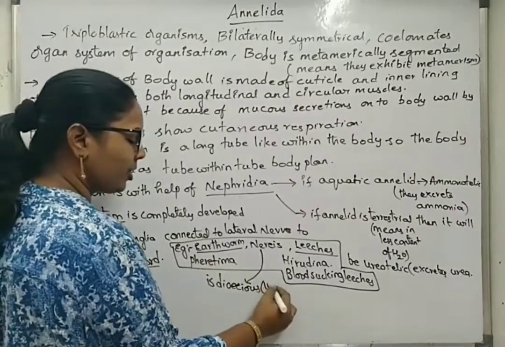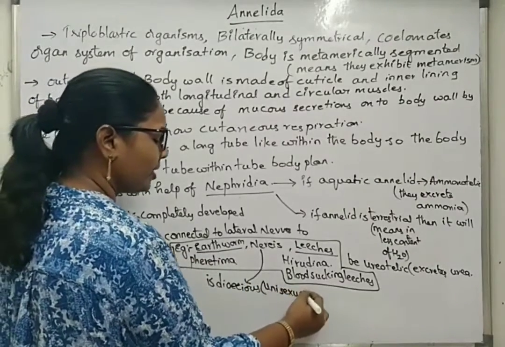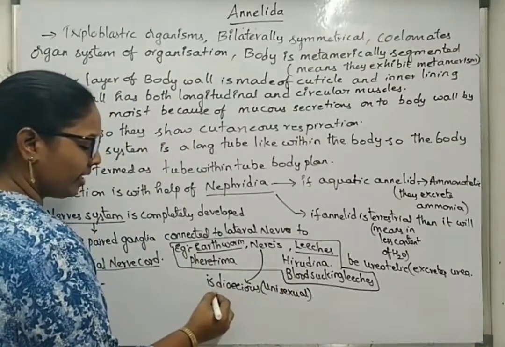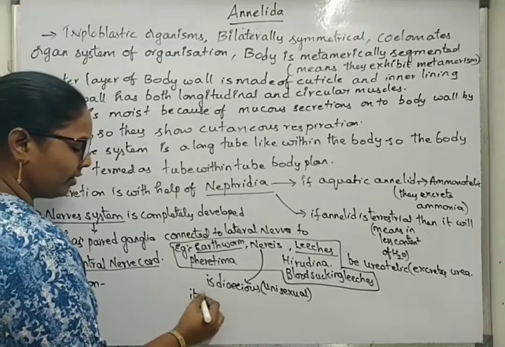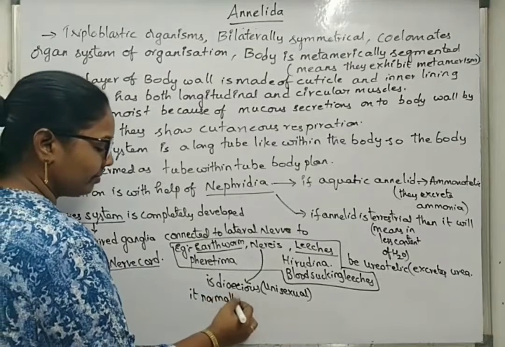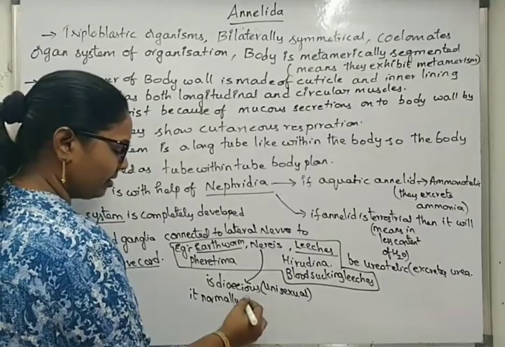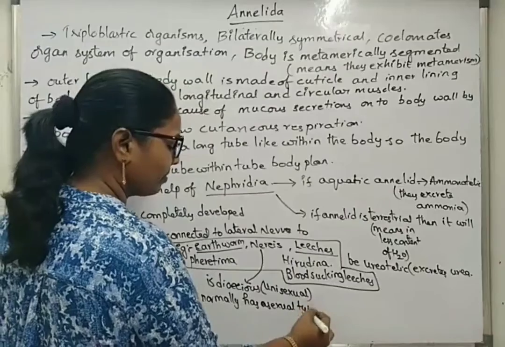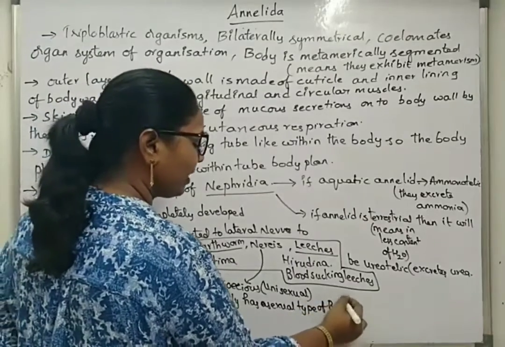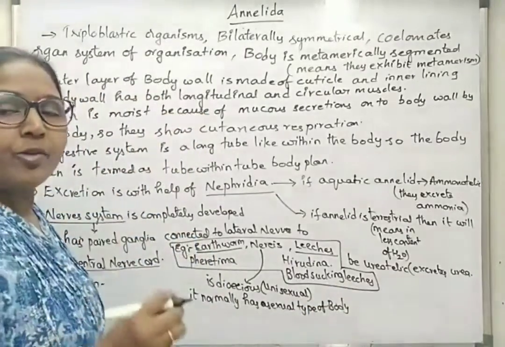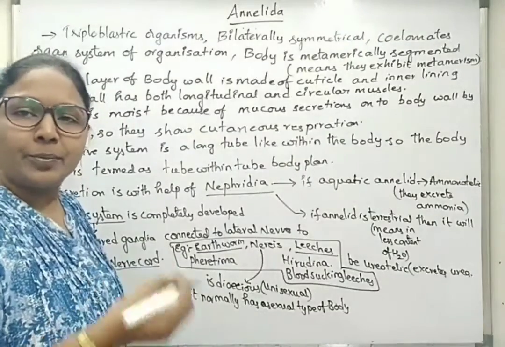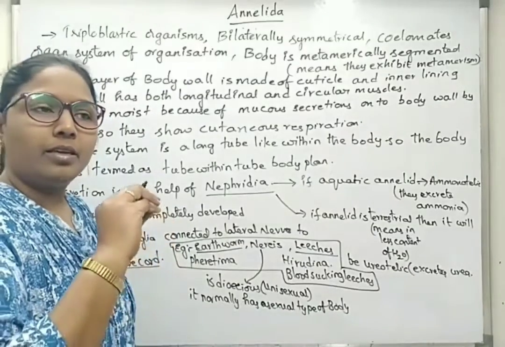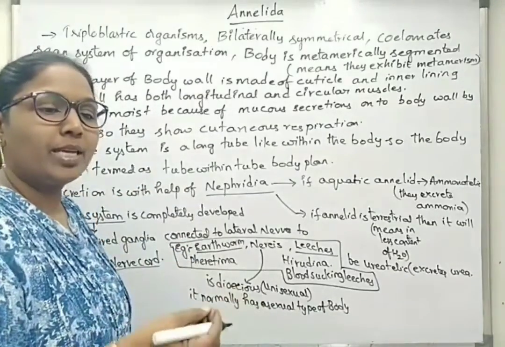Dioecious is also termed unisexual, meaning one organism is either male or female. Normally it has an asexual type of body, but when it wants to reproduce, half of its body develops the reproductive organs.